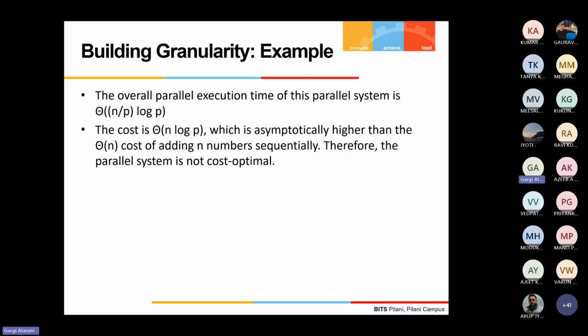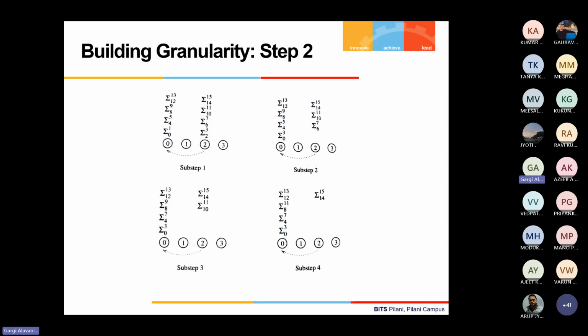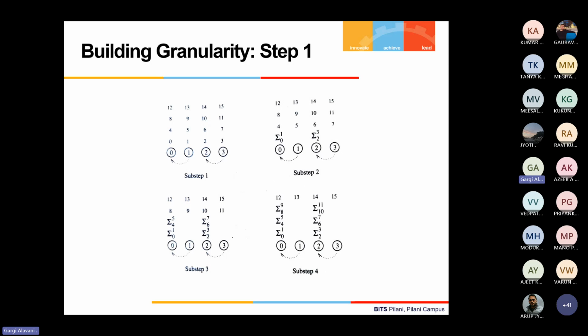So the system is still not cost optimal, even if we use this approach, because although we are dividing the elements amongst processes, there is communication involved and the number of steps increases. Is there any other way you think we can solve it cost optimally?